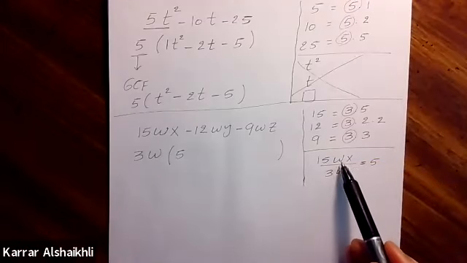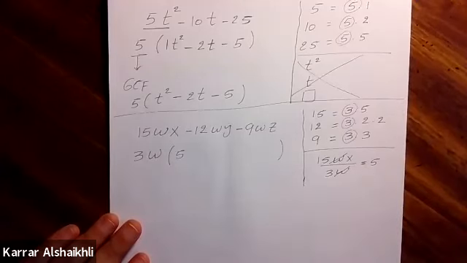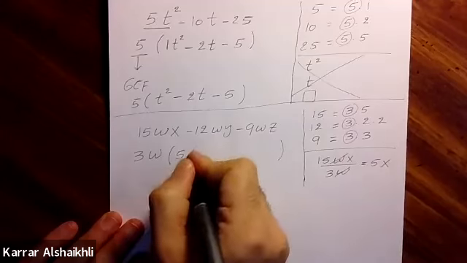Now tell me, can you cancel the w? Because I have w here and w here. Cancel the w. What's the leftover? 5 what? X. 5x. So I'm going to write down 5x.